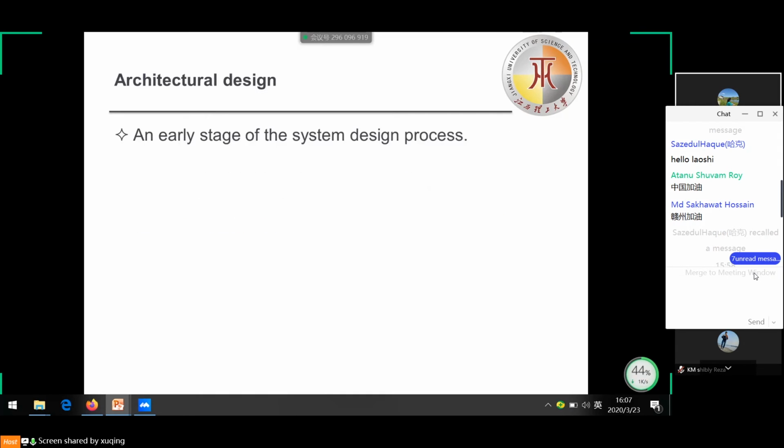For architectural design, especially in agile methods, generally, we think that an early stage of the development process should be concerned with establishing a system architecture. So architectural design is always considered as an early stage of the system design process.